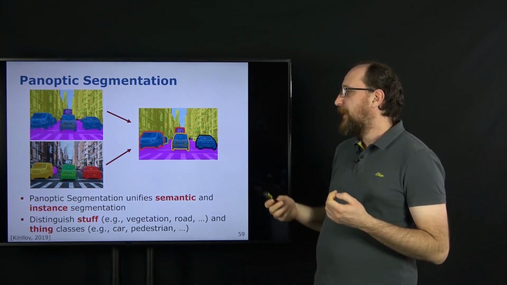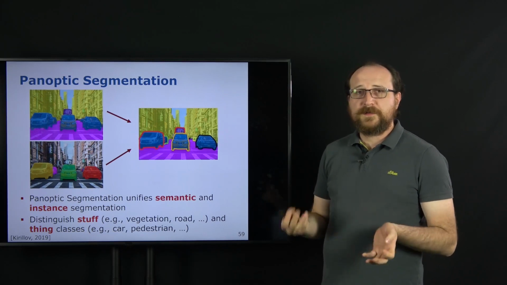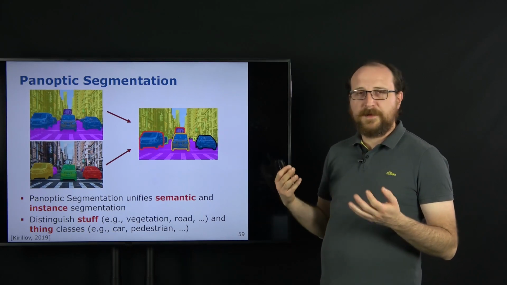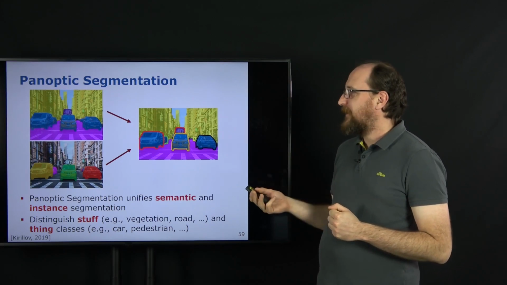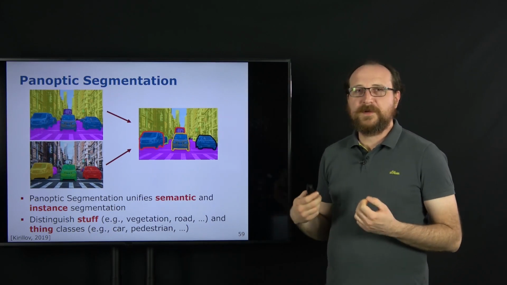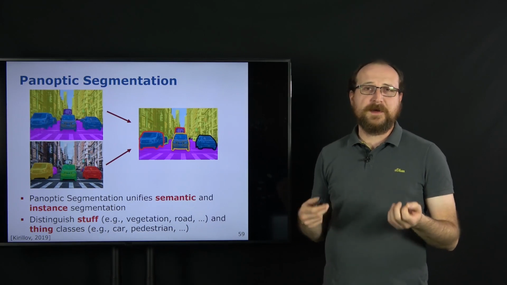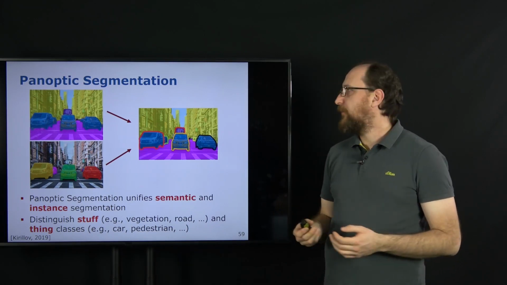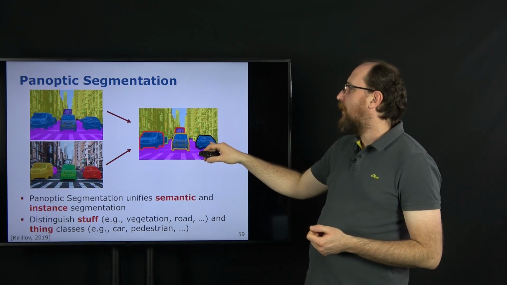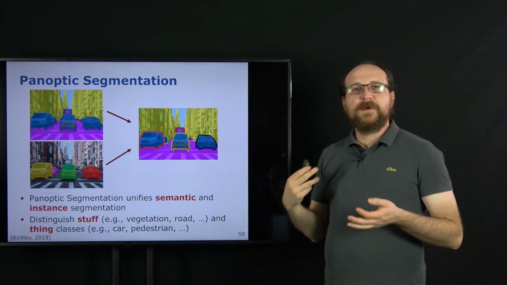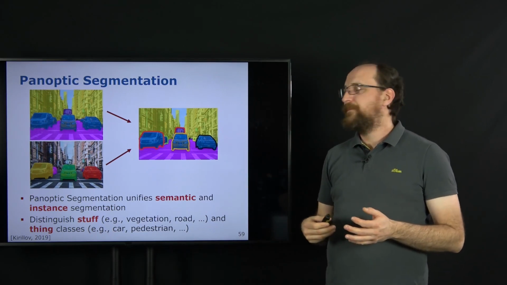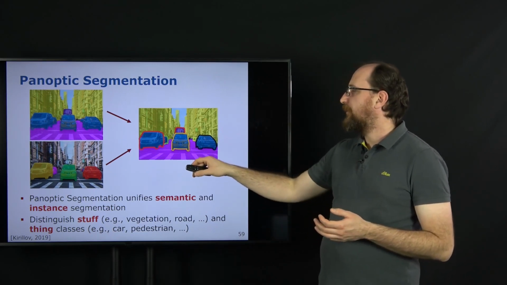In this case, these instances are called thing classes. The stuff classes are usually classes that are not really countable or where we cannot easily identify object boundaries, something like sky, or here these buildings, because it's not so clear where one thing starts or the other ends, or like the road surface.